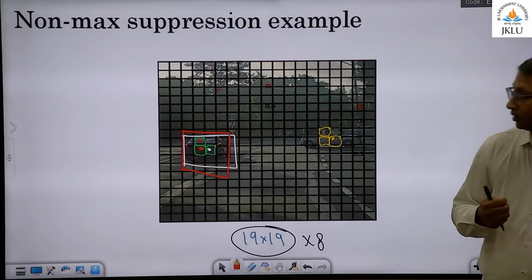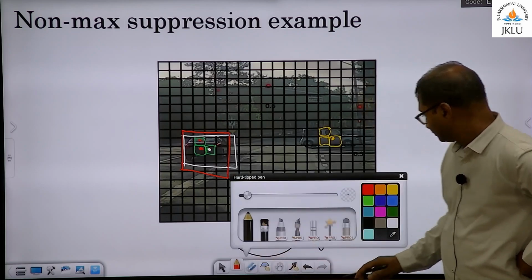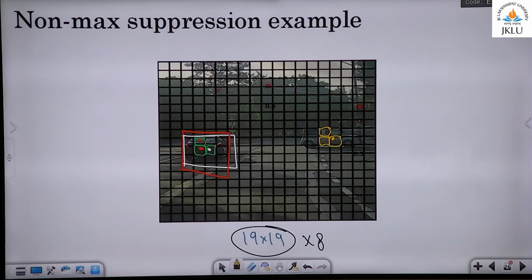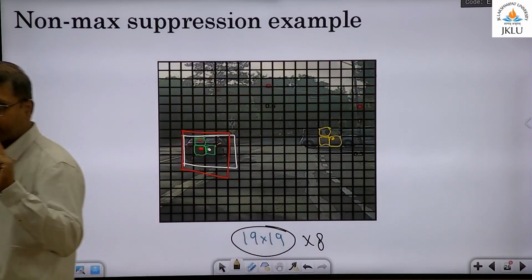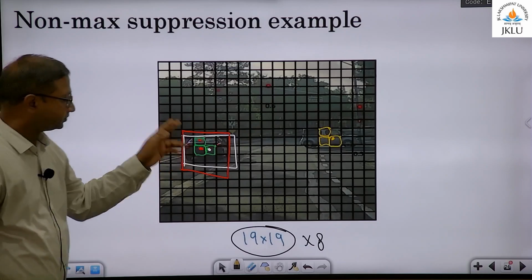Okay, how do we take care of this? Is the problem clear? Multiple grid cells can say I have detected an object, and it could be the same one that neighboring cells are detecting.